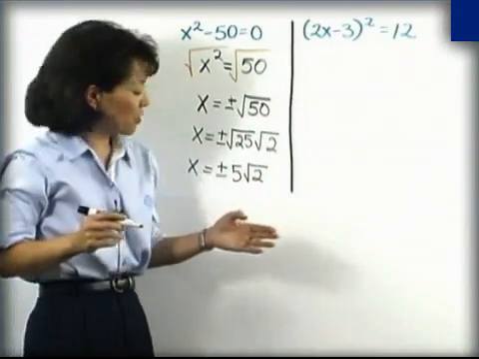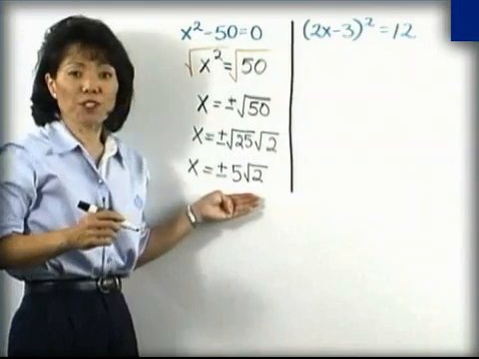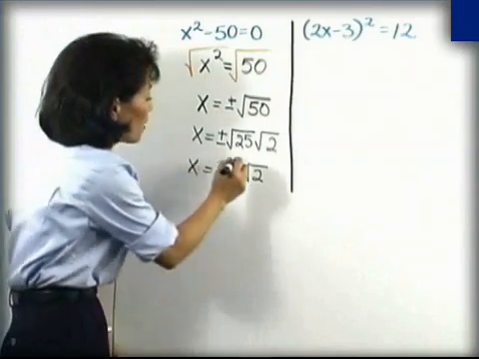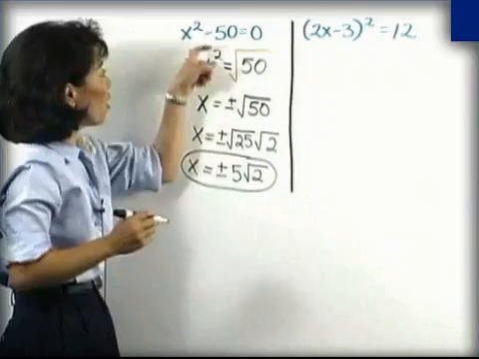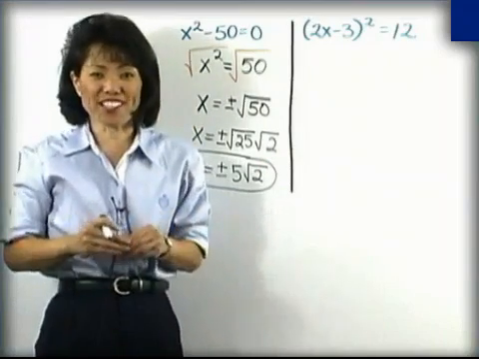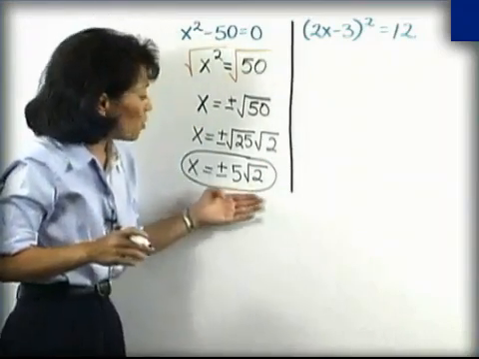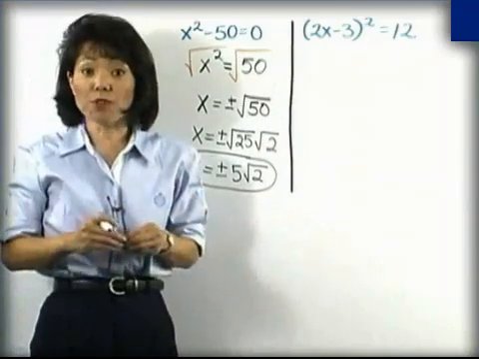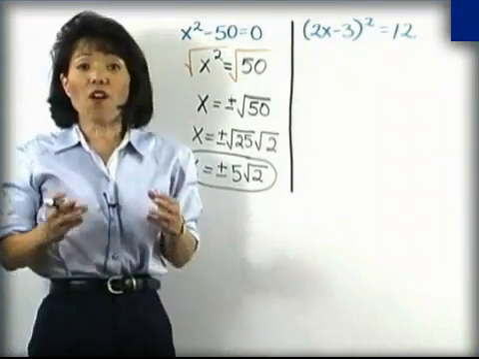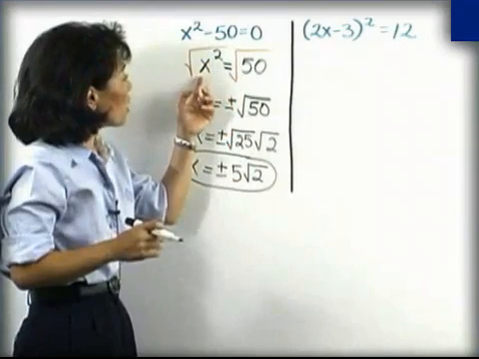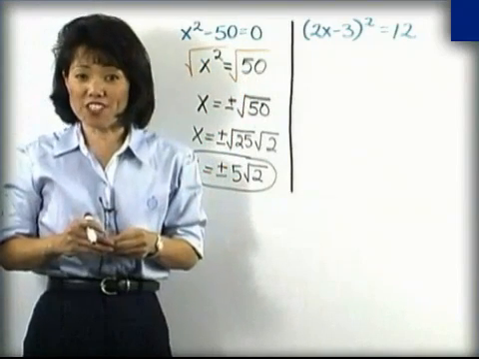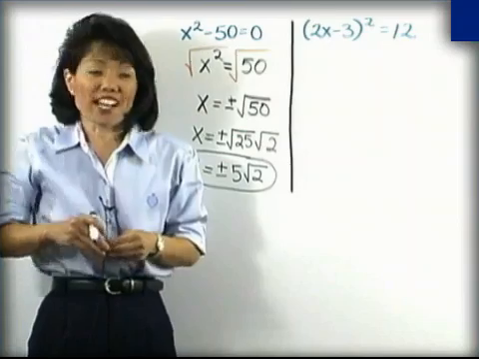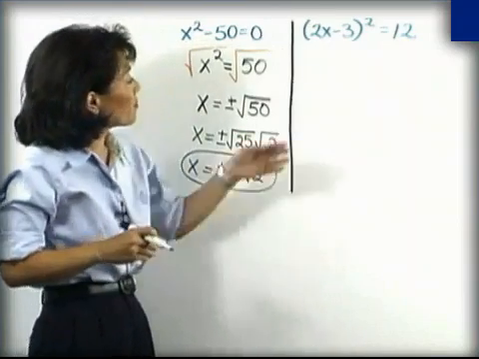So finally, we conclude that x is equal to plus or minus 5 times the square root of 2. This solves our first quadratic equation. Again, what we used is called the square root principle or property. All that means is we can take the square root as long as we do it to both sides of that equation.